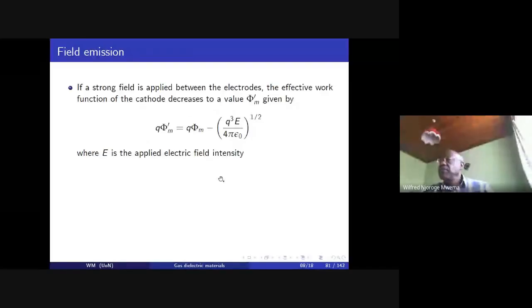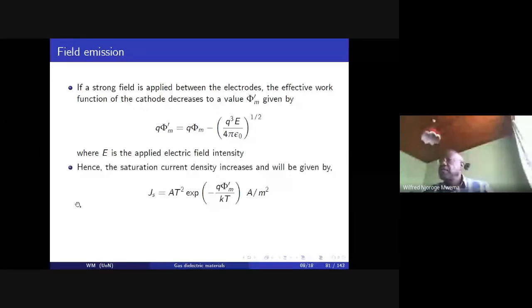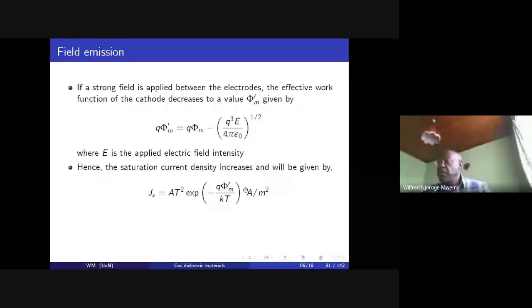So if the field is positive, it will be accelerating, the work function decreases, and therefore the saturation current density will increase and will be given that we have for that material under applied electric field. This is what we call the Schottky effect, the lowering of the work function by an applied field.